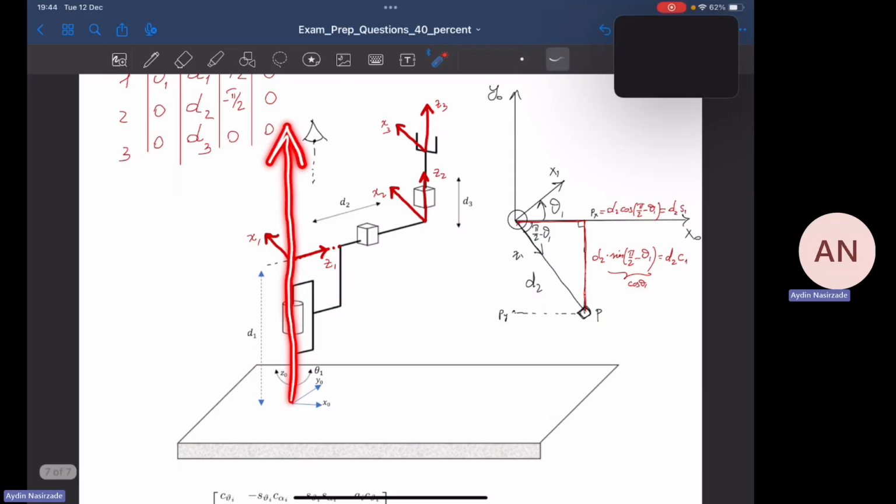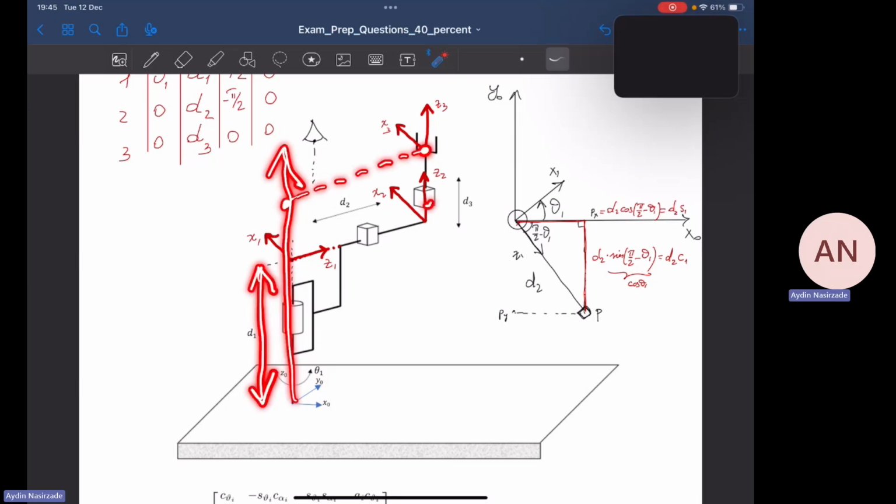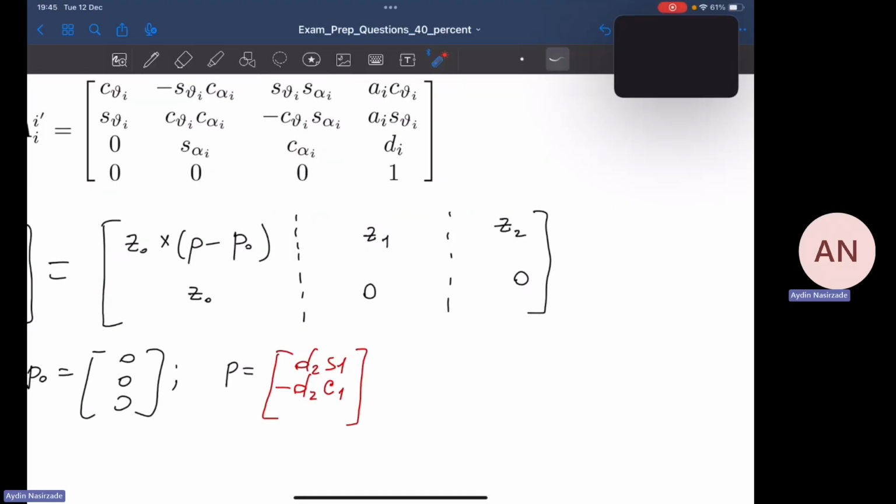Everything is taken with respect to this base frame. So the component or the projection of point P on this axis is going to be this particular length d1 plus this particular length d3. So d1 plus d3.